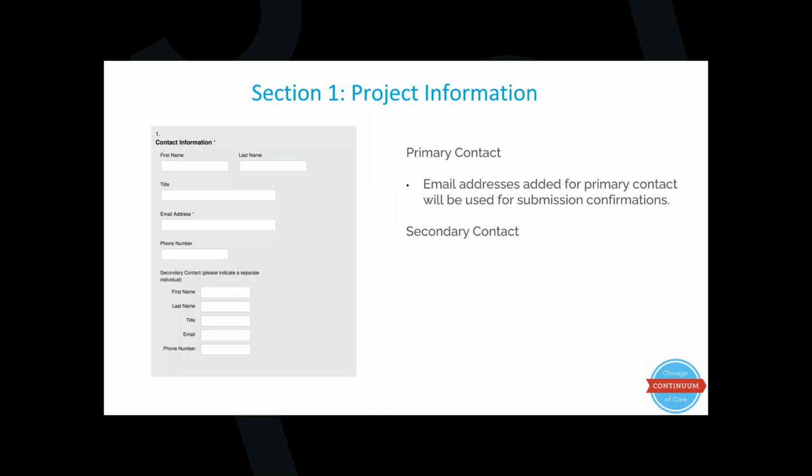If the person that's completing the survey is not the person that should be reached out to for questions, we ask that you put them as the second contact person, because when we reach out, we'll reach out to both email addresses, and that will allow that person to answer any questions. The primary contact person is going to be the person that receives the confirmation email.